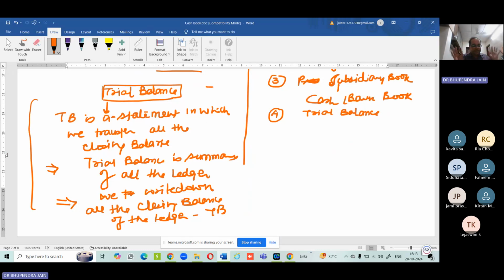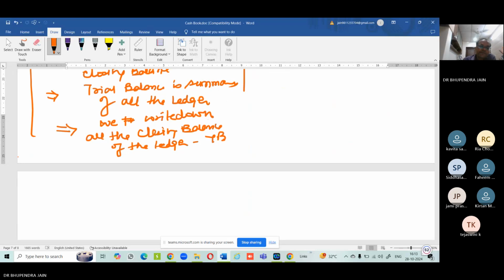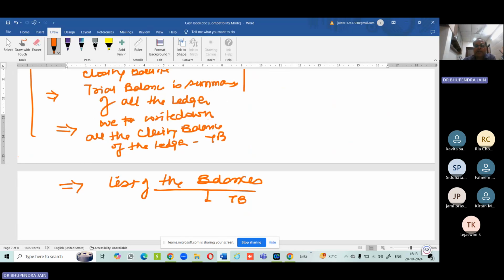You can understand by using any of the methods. Or we can say that after posting all the transactions in the ledger, we draw a list of the balances. And the list of the balances is also called the trial balance.